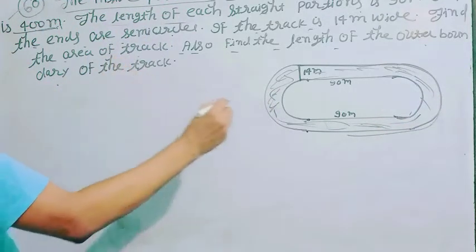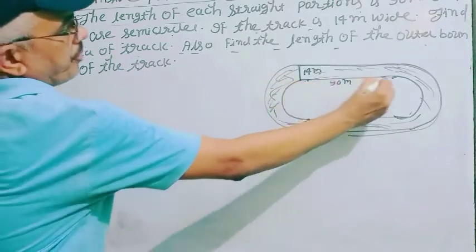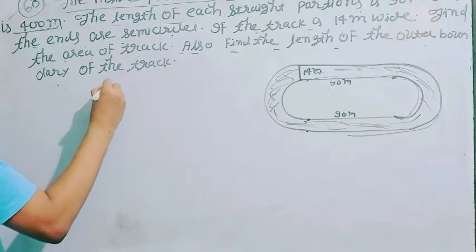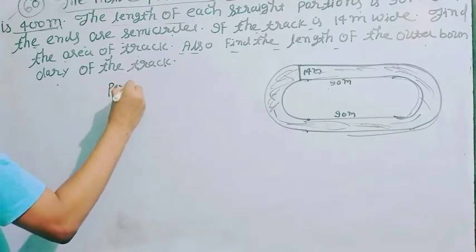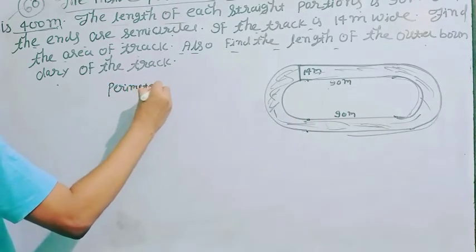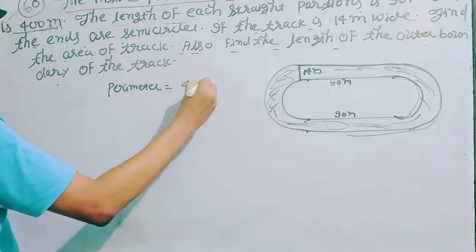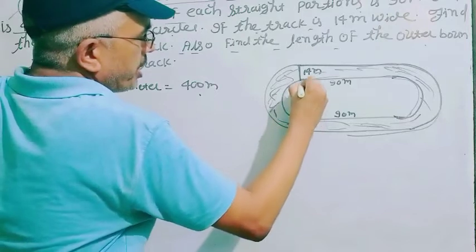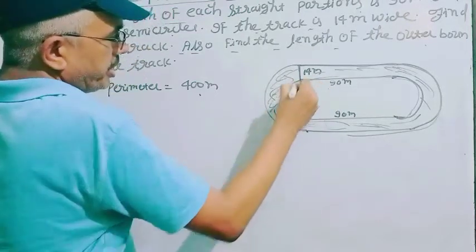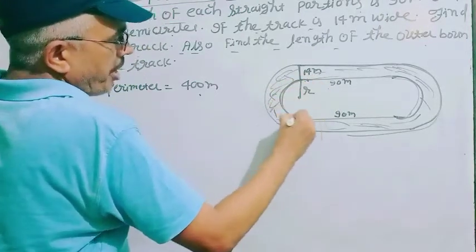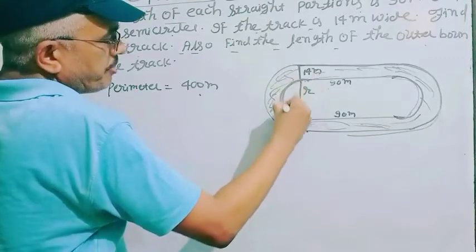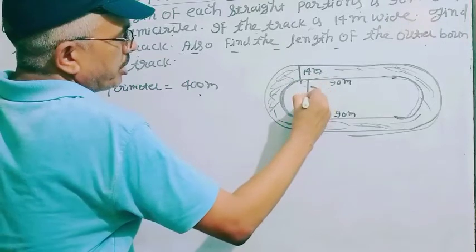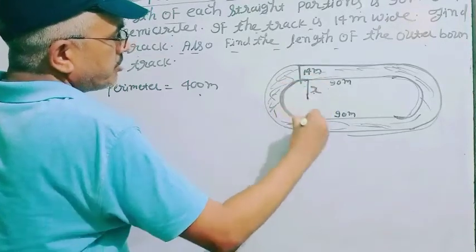The inner perimeter is given as 400 meters. So write perimeter is equal to 400 meters. What is the inner perimeter? If the radius is r, then this portion is pi r, because it is a semicircle with radius r. Similarly, this side is also pi r.